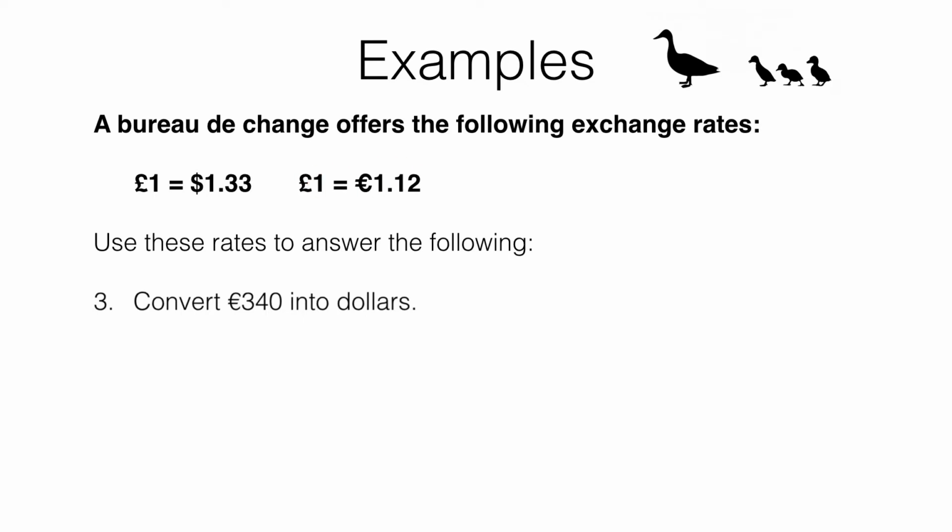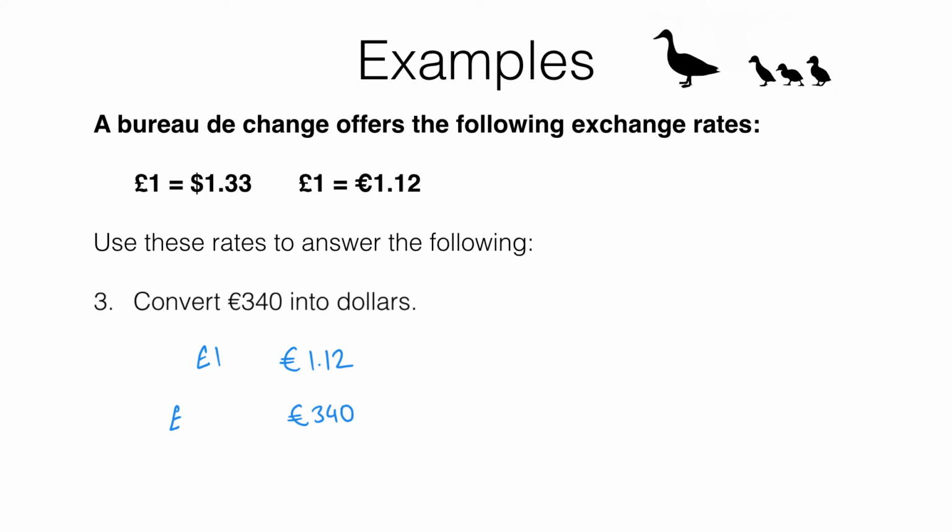So I'll set up my working. I'm going to start with this one. £1 is €1.12. We need to work out what 340 euros is in pounds to start with. And then once we've got this answer, we can convert it into dollars.